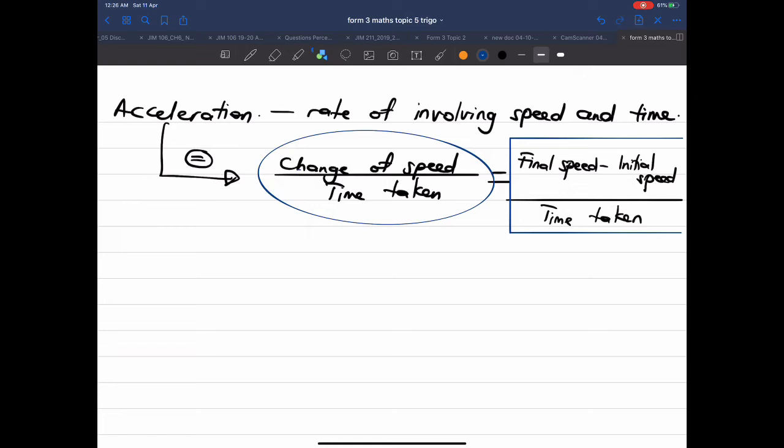So change of speed is the same as final speed minus the initial speed, divided by time taken, which is the same. Okay, so I'll give you a small note here.